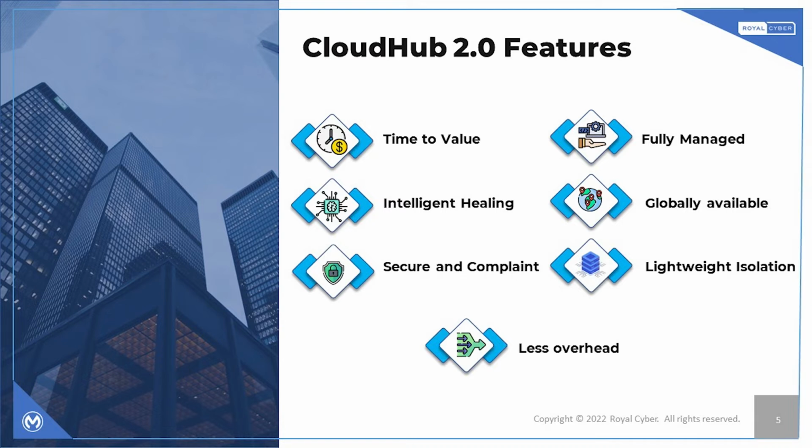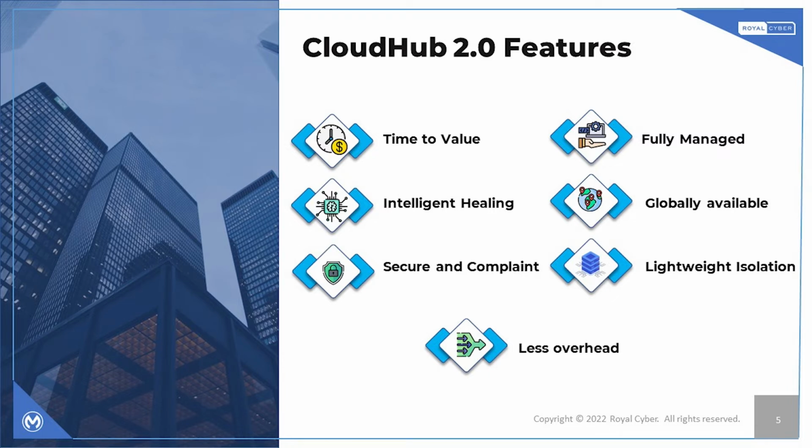Intelligent healing is helpful when something crashes. Suppose we have deployed multiple replicas. If one of the replicas happens to crash due to underlying hardware incapabilities, intelligent healing makes sure that it is fixed on its own. As discussed earlier, CloudHub 2.0 is available across 12 regions, which makes it more reliable to deploy applications.